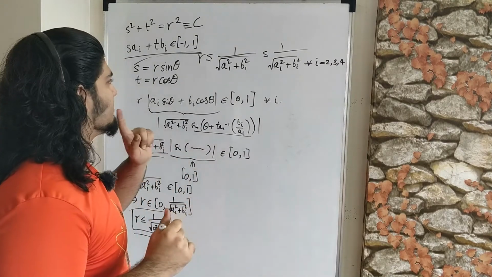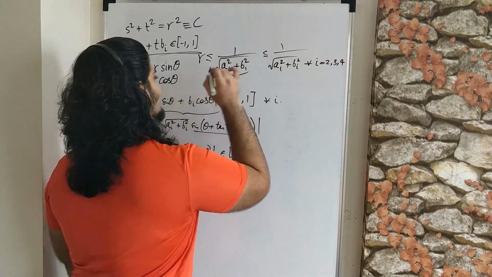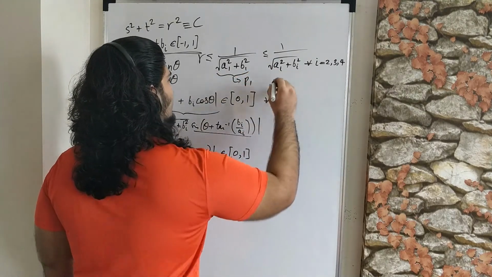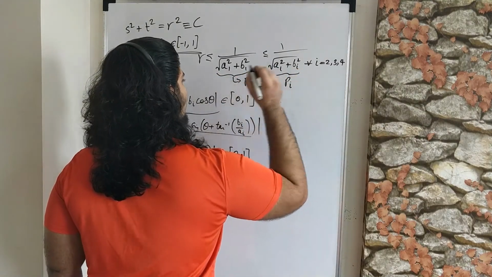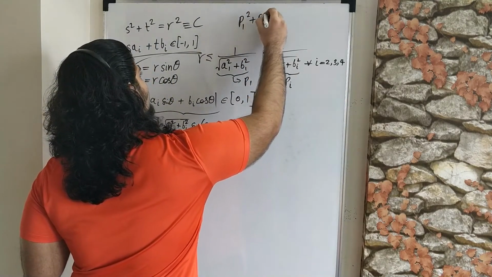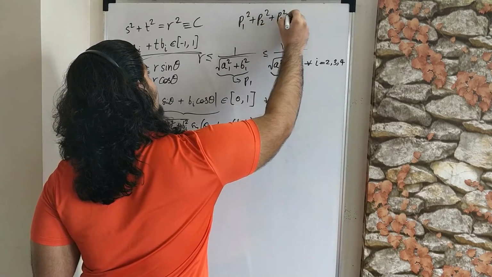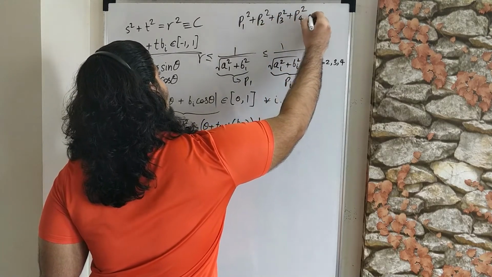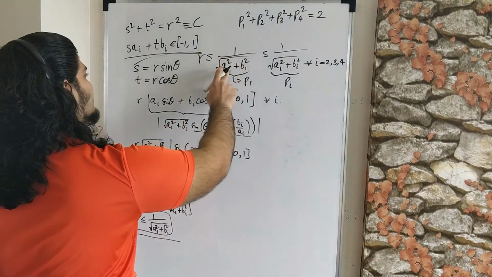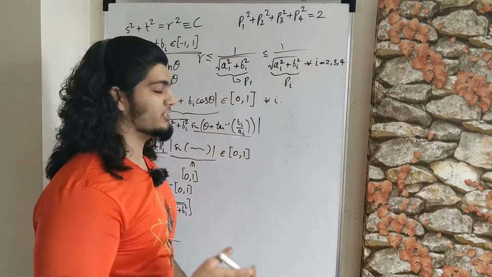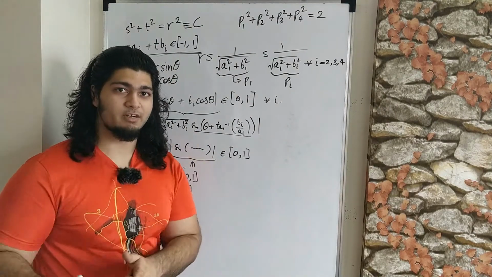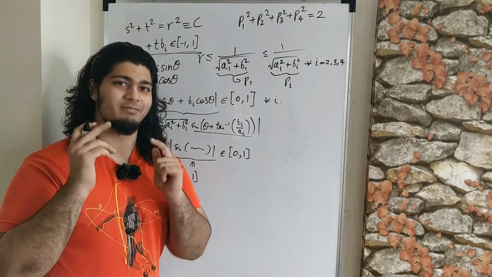So well, if we let this equal, let's say p1, and this is pi, so we can say that p1² + p2² + p3² + p4² is equal to 2, because the sum of these squares is just a1² + a2² + a3² + a4², and similarly plus b1² + b2² + b3² + b4².